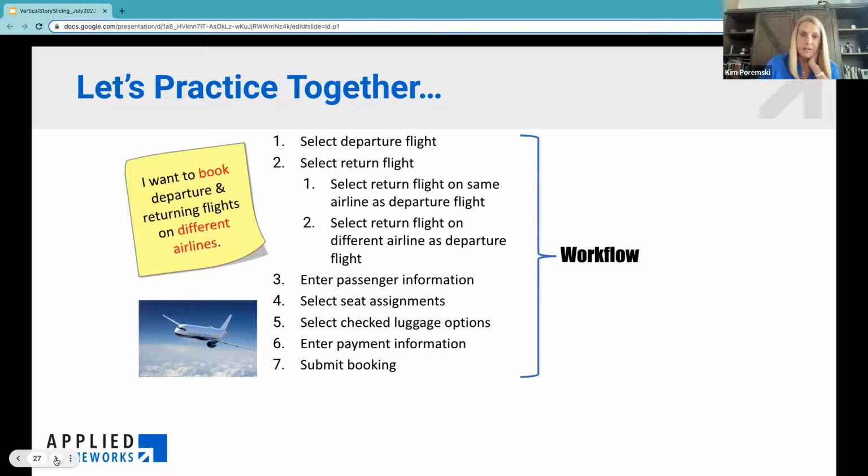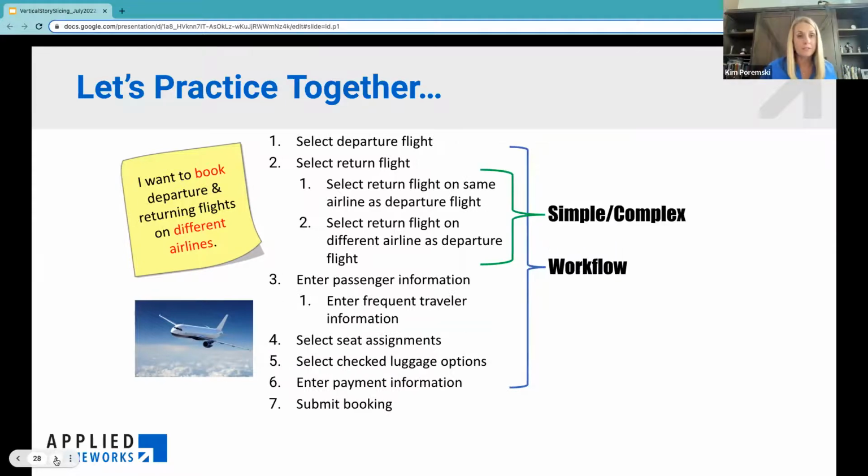When I'm selecting my return flight, it says do it on different airlines. Well, I need to make sure that I can do it on the same airline first. Sounds like a simple, complex pattern to me. And then I could keep on going. Enter passenger information. Well, I have that TSA PreCheck thing, so I'm a known traveler, and you need different information about me as a known traveler.